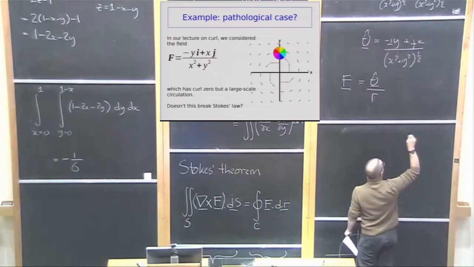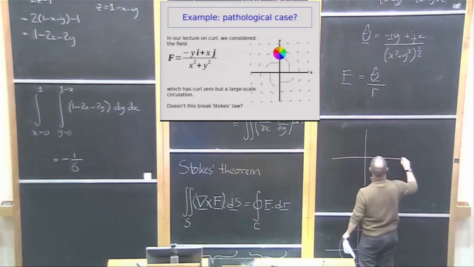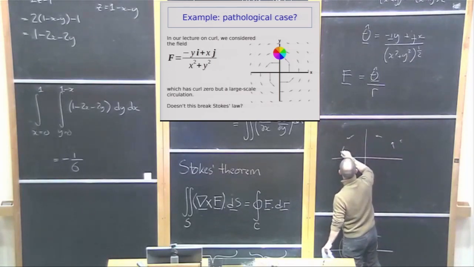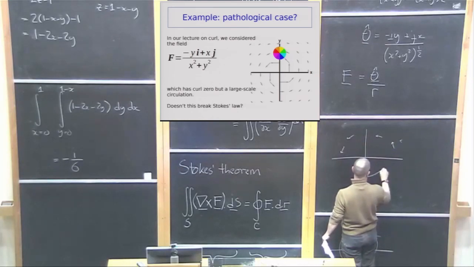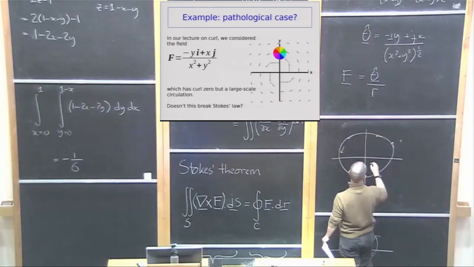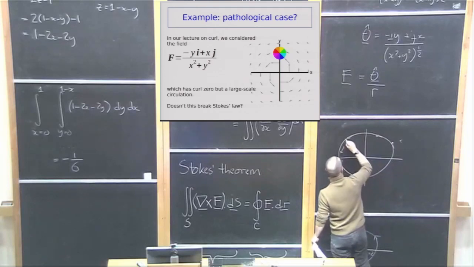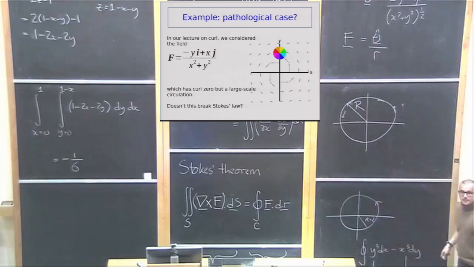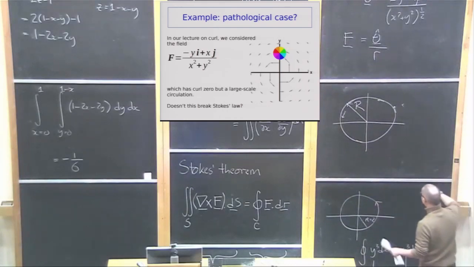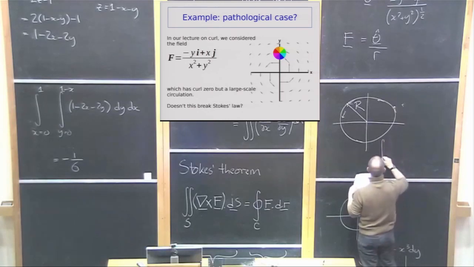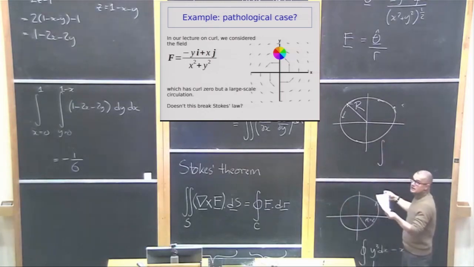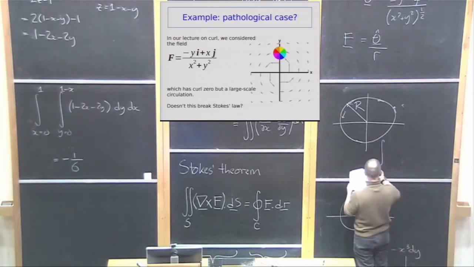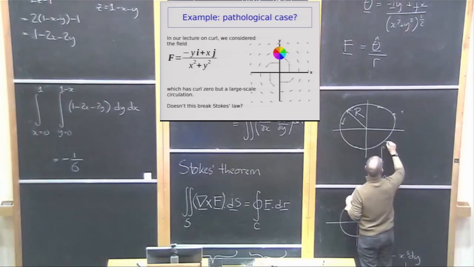So then if I consider my vector field here, so I have this vector field which we know is rotating but is falling off, and I consider a loop. I do a circular loop in this vector field, and this loop has a radius of big R, say, let's work out what is the line integral around this loop. So the line integral around this loop, you're going to immediately see, has no dependence whatsoever on the size of the loop. It's just going to be theta goes between 0 and 2 pi.